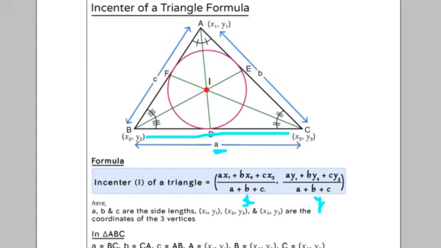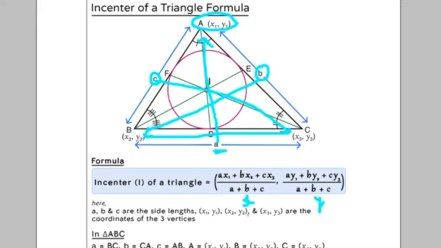This is also very easy to remember if we compare it with the centroid of a triangle. The centroid was x1 plus x2 plus x3, but this time we are multiplying by the sides: a with x1, b with x2 and c with x3, divided by a plus b plus c.